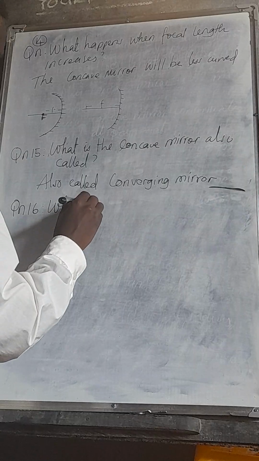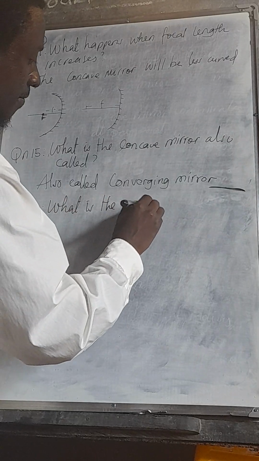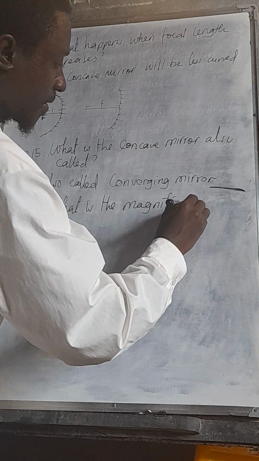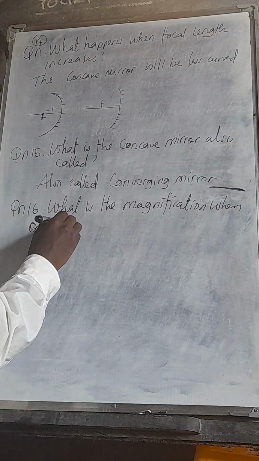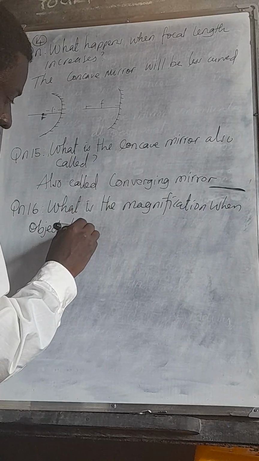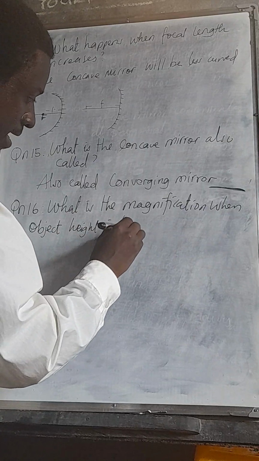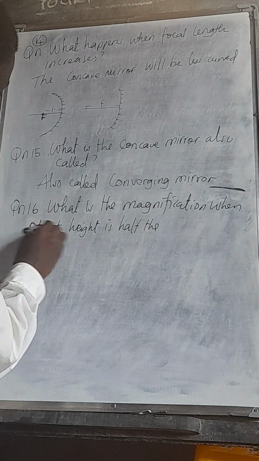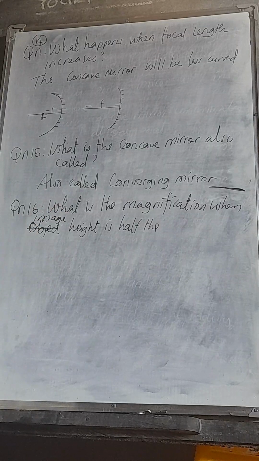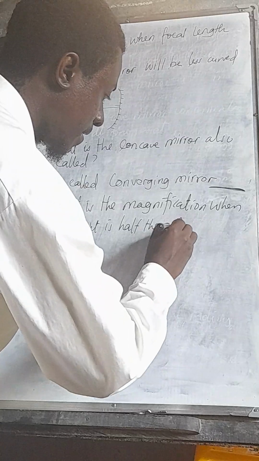What is the magnification when image height is half the object height?